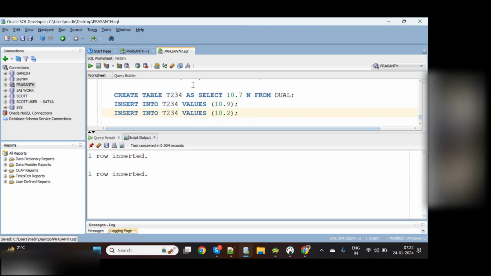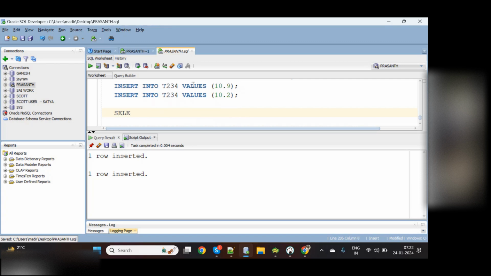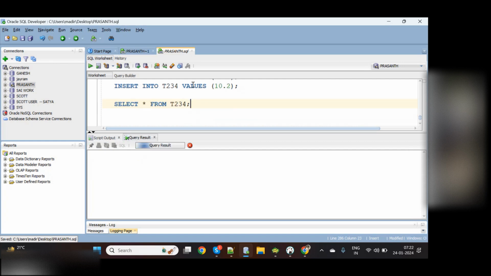Okay, so this is my requirement. So you just tell me what is your output. T234 is your table, and your table is having this. So what is the output you want for this? For 10.7 and 10.2, you need to get 10, correct. But 10.9, you need to get 11.